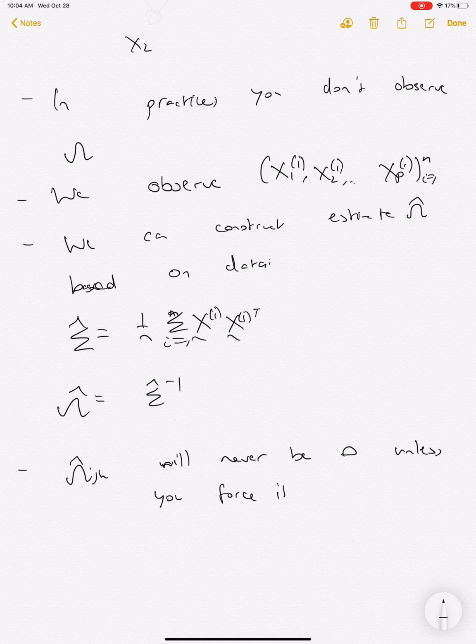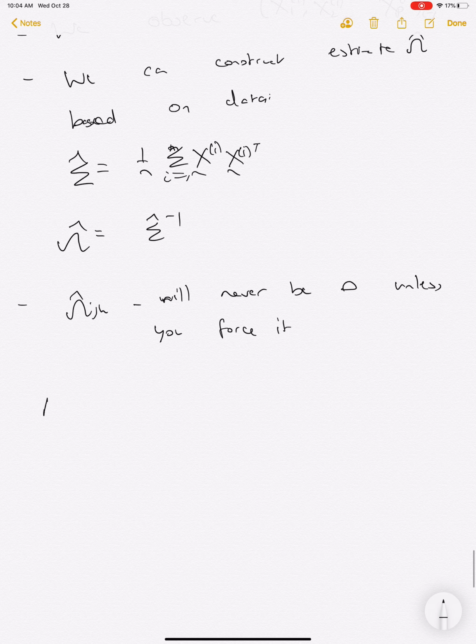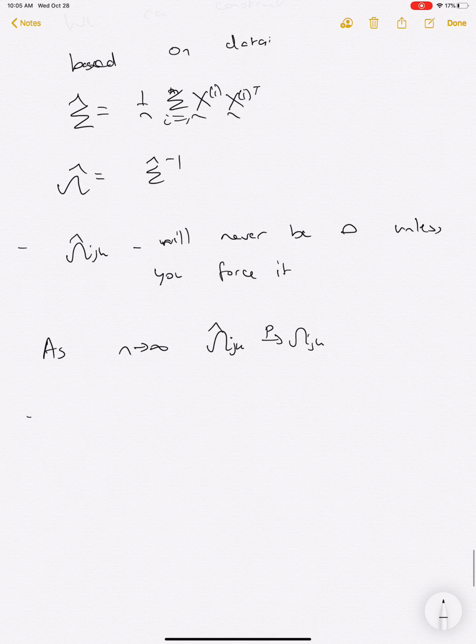So in general, we know that as n goes to infinity, omega hat jk converges in probability to omega jk. But for finite n, omega hat jk minus omega jk is not zero, but hopefully small.